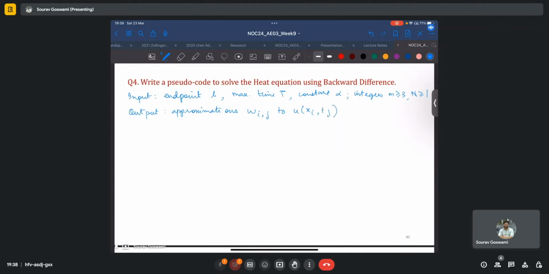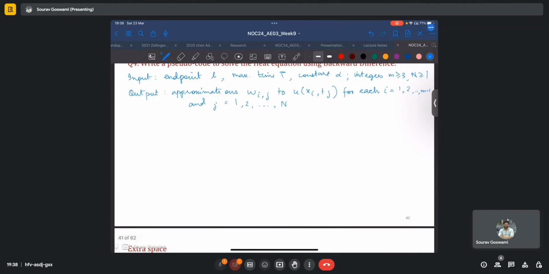No, it is a 1D code, sorry, because it has only one endpoint, for i equals 1 to m minus 1 and j equals 1 to n. Why m minus 1? Because at the end m we'll already know the state of the variable from the boundary condition. Similarly, at i equal to 0, it will be known to us. At j equals to 0, which is actually the time index, we'll know from the initial condition. So those are not needed.